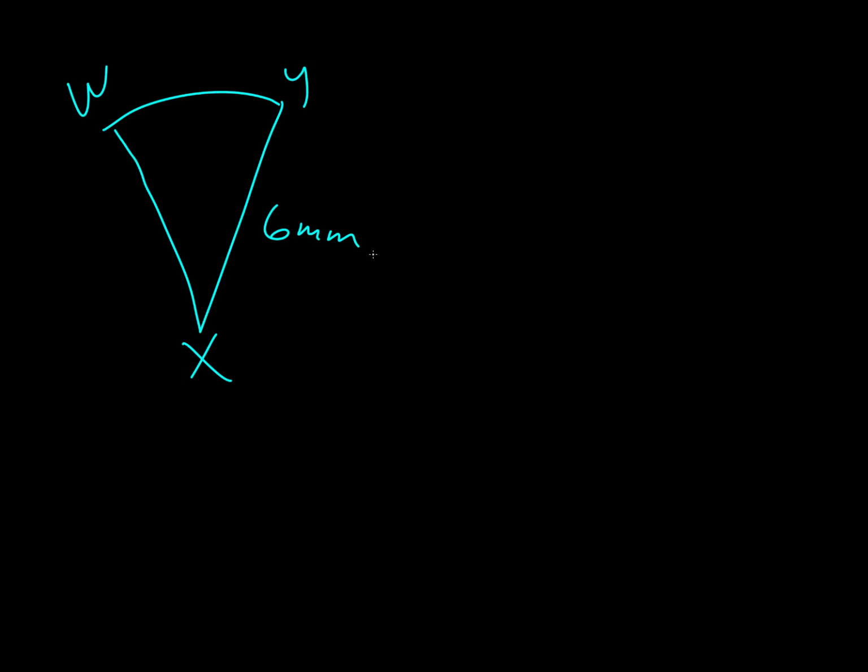Let's try one like this, though. So we're given a sector, W, Y, X. We'll say that this is 6 millimeters. We're also told that the central angle, or the measurement of angle WXY, is 4 radians.